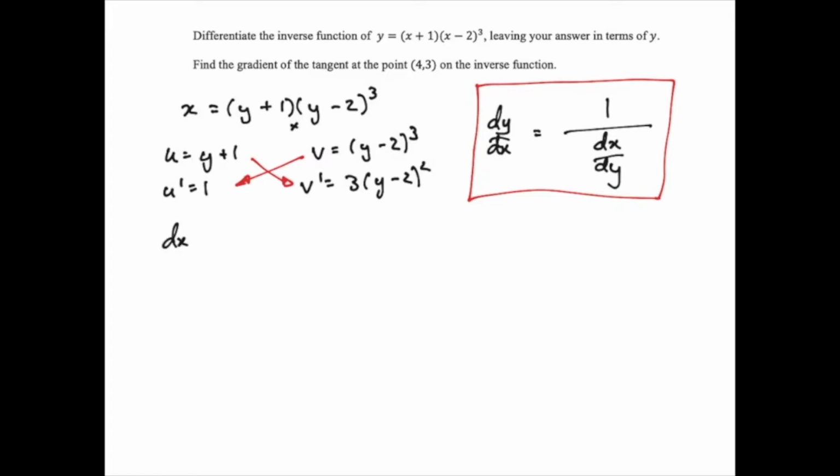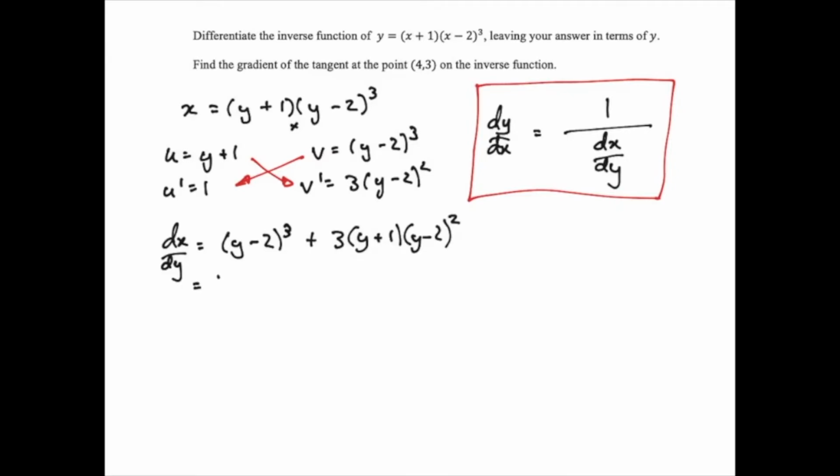So this time I am finding, just remember here, I'm finding dx dy. So it will be y minus 2 cubed plus 3y plus 1 y minus 2 squared.